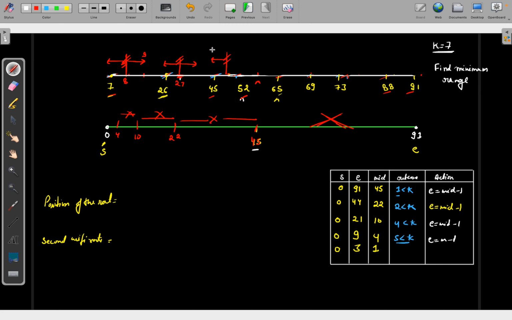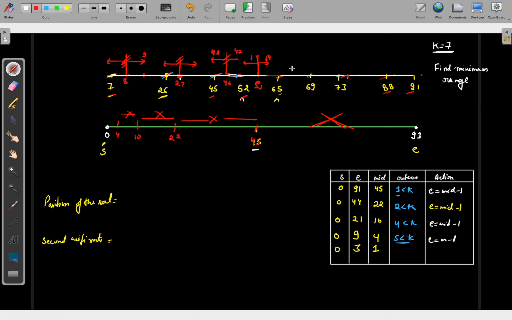If I install at 46, it will be till 47 only, right? For this one also 52, the range will be till 54.